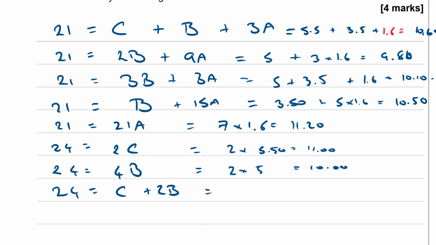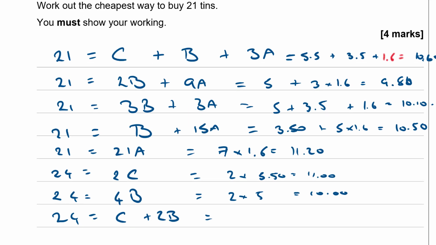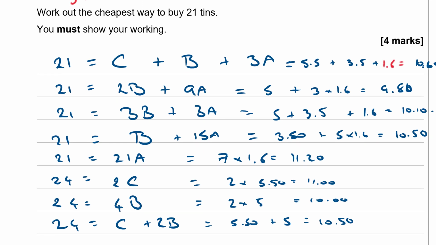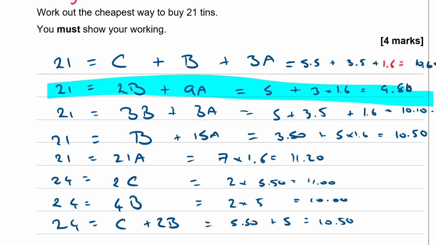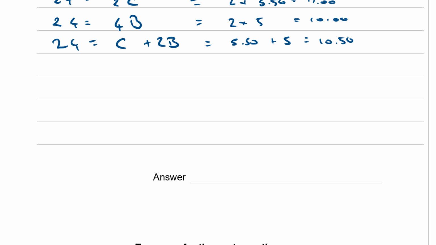Or finally, I could do 1 of the 12 packs at £5.50 and 2 lots of B, which would be £5. That comes out as £10.50. Okay, so I've worked out a few combinations there, and we can see that the cheapest one is this one here. That came out to be £9.80. So what is the cheapest way?